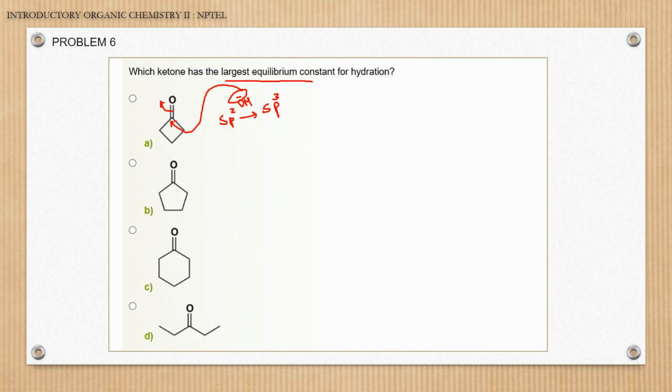But now there is another concept coming in the rings: the strain concept. According to the Baeyer strain theory, cyclobutanone is more strained than cyclopentanone, and cyclohexanone is also a strained molecule. Here your sp2 carbon is getting into an sp3 carbon, so the strain is somewhat released.